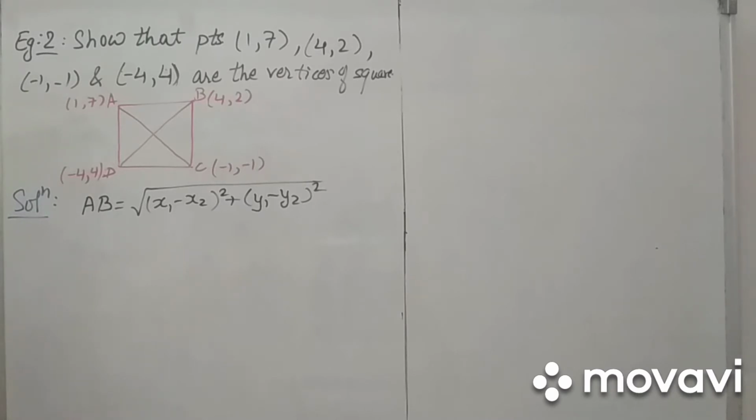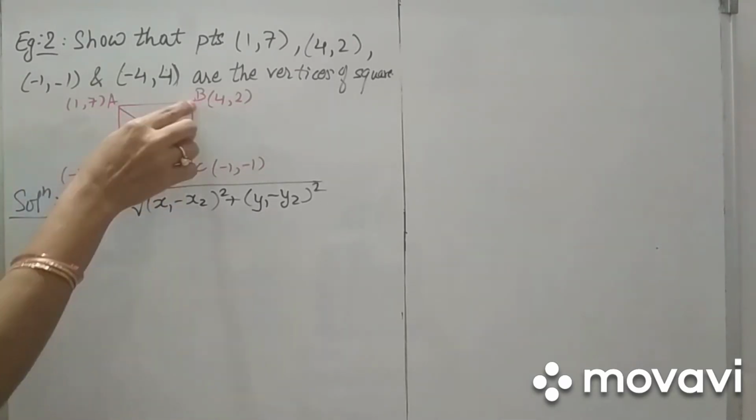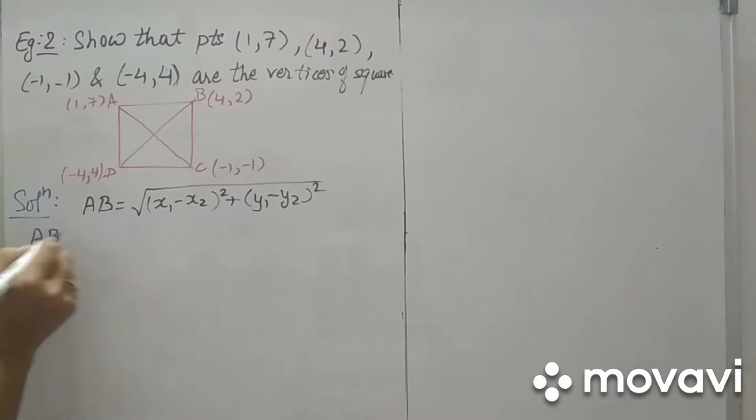So we are going to find AB, BC, CD and DA as well as diagonals AC and BD, and see whether all four sides come out equal and the diagonals are also equal. If yes, then we can say it is a square.